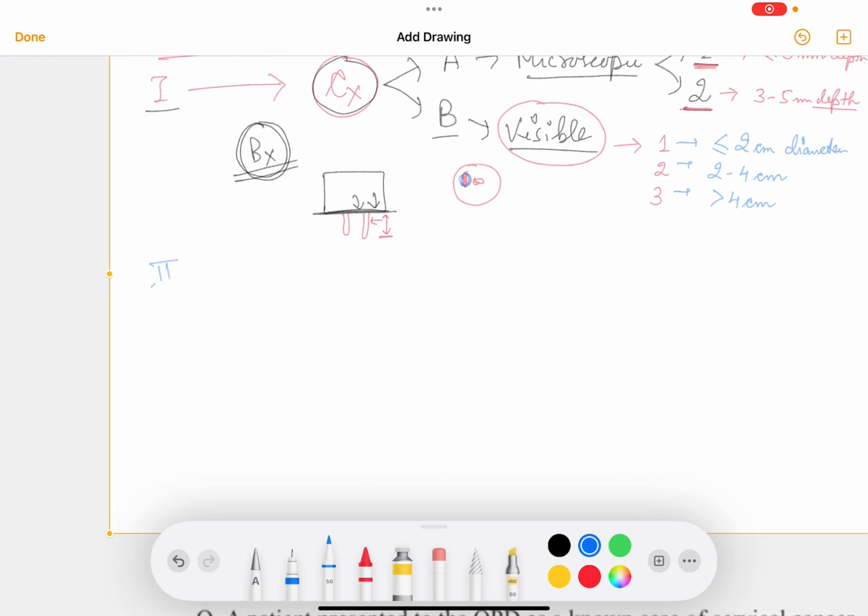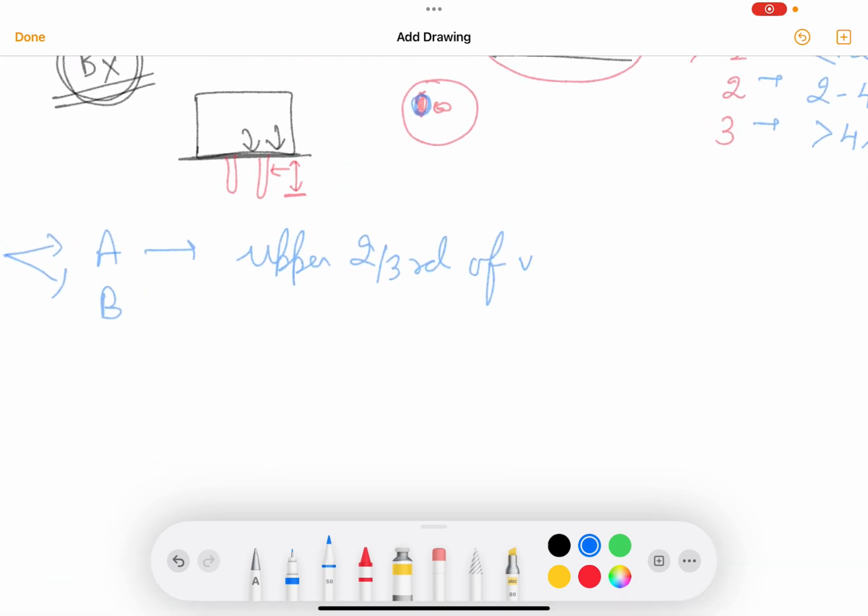Coming to stage 2. Stage 2 can again be divided into stage 2A and stage 2B. Stage 2A is upper 2/3 of vagina. When there is involvement of the upper 2/3 of vagina from the cervix, we say it is stage 2A. Stage 2A can be stage 2A1 and 2A2. 2A1 is less than 4 centimeters involvement and 2A2 is more than 4 centimeters involvement.